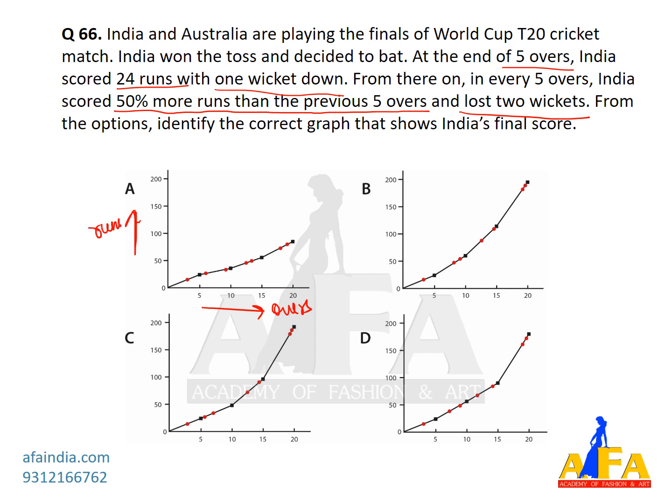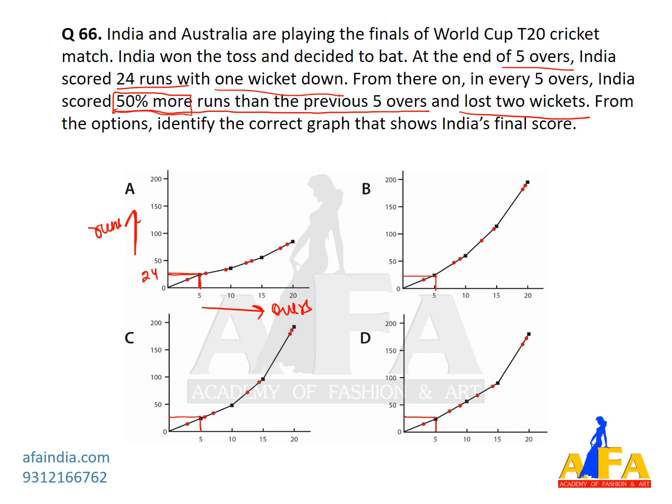Okay, so it is given that at the 5th over, the number of runs is 24. In each of the options you can see at the 5th over, the number of runs is 24, right? Also it is given that in the next 5 overs, the runs will increase by 50% more, right?